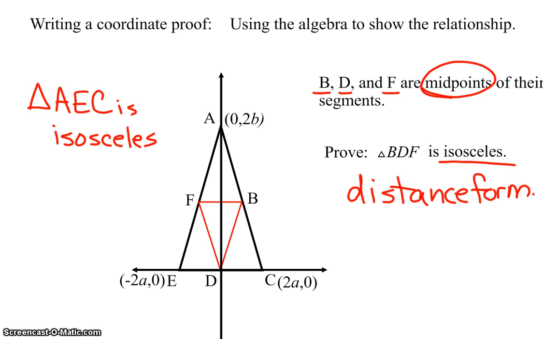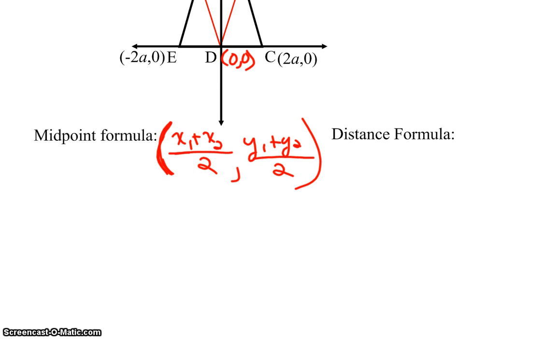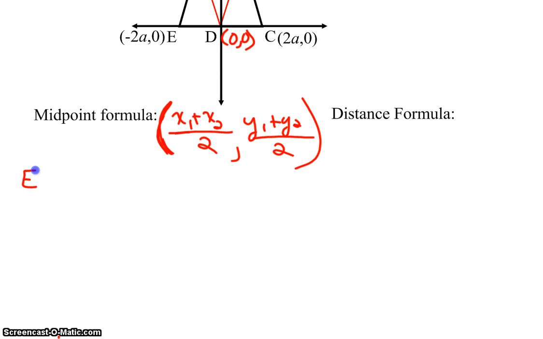So let's start with point D. Using our midpoint formula, let me take a look at the figure. Let's do segment EC first. The endpoints are E, which is (-2a, 0), and C, which is (2a, 0). We're trying to find point D, which I could actually see on the graph was at (0, 0), but let's show how you get it.